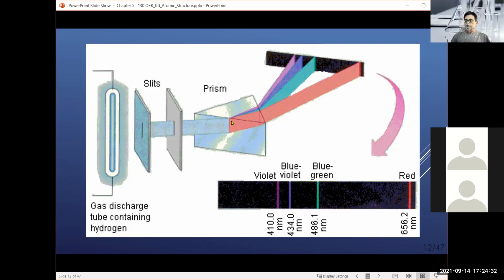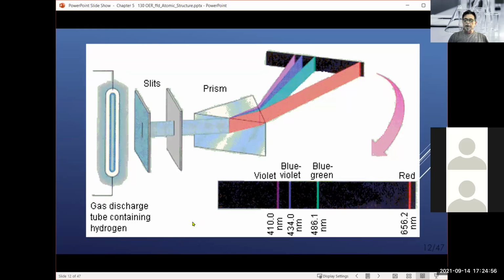We know what a prism does, right? If you don't know, have you ever seen a rainbow? Then you've seen the prism in action, okay? A rainbow does that. It breaks that light up into the different wavelengths of light so you can see the different colors. At least the ones we can see, they're visible, okay? And so it breaks it up, and guess what? You get this line spectrum.